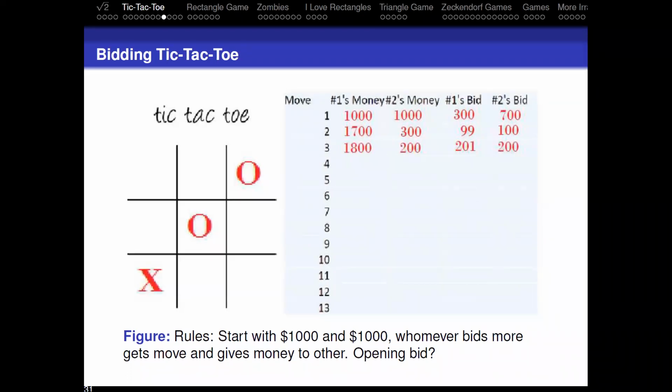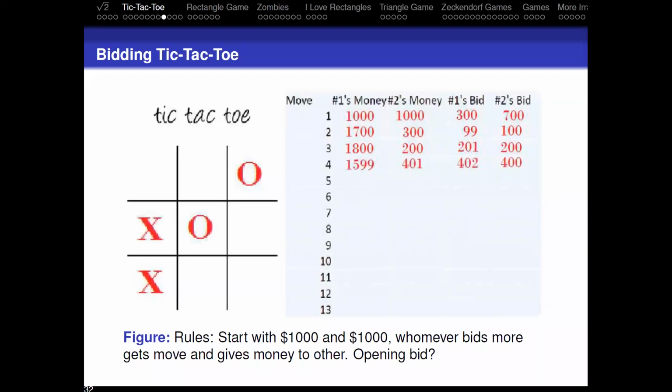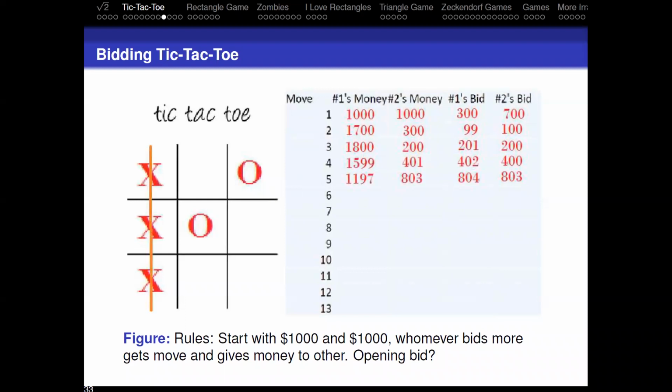Player 1 can win the next bid by then bidding $402, and they can win the next bid by bidding $804. So even though it looked like player 2 was doing really well, player 2 had 2 in a row, and player 1 had nothing on the board, player 1 was then able to win the next 3 moves.